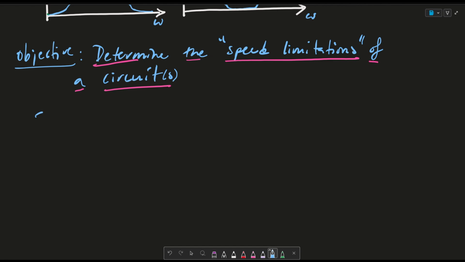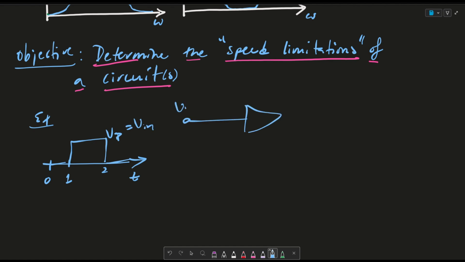An example of this, as you can imagine, is if we take a signal from 0 to any time t, and let's say at 1 it increases and drops at 2. Let's say this is Vn, or Vp equals Vn, and we put it into an amplifier with gain equal to 1, and this amplifier shoots out a V out.